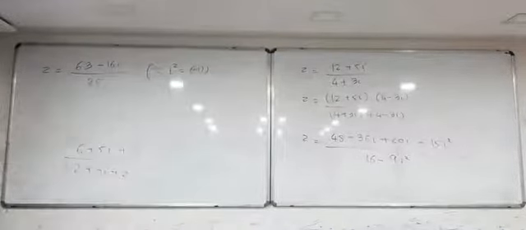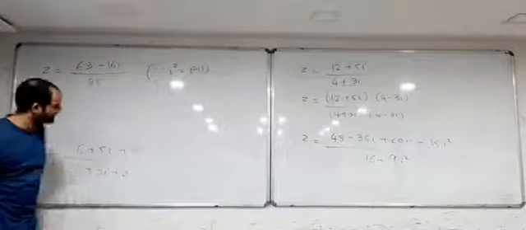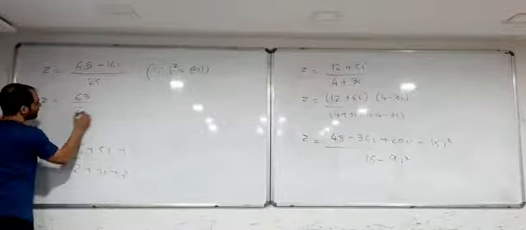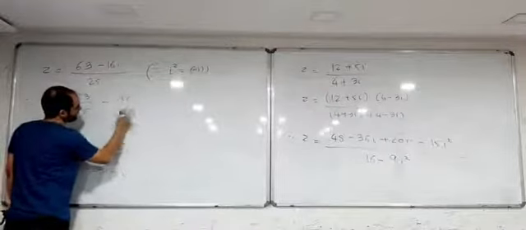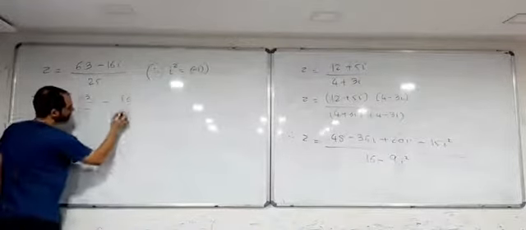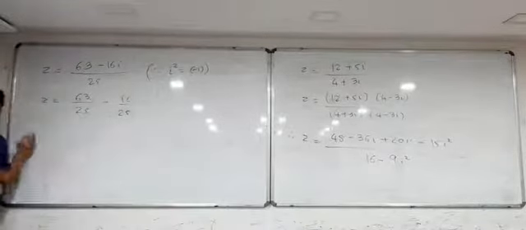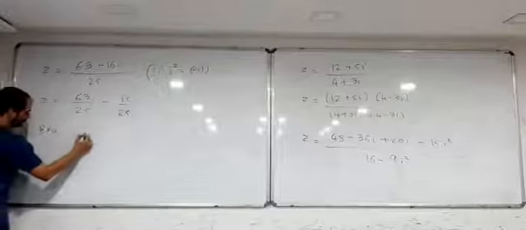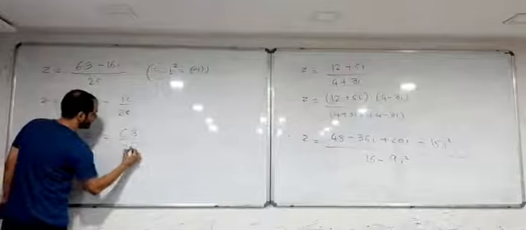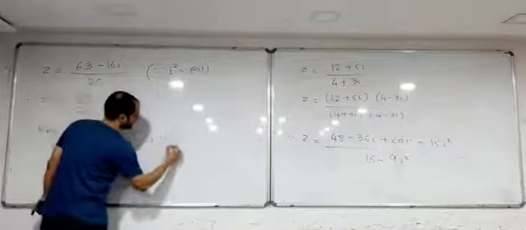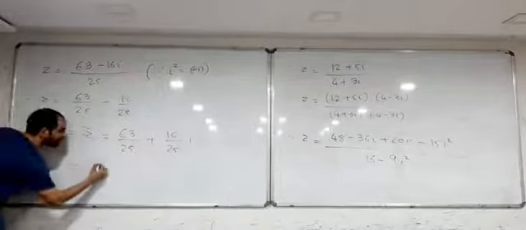i स्क्वायर का -1 क्या करना, आई बिलीव दिस विल बी द आंसर 63 minus 16 upon 25 divide individually, 63 upon 25 minus 16 upon 25i. उसका कॉन्जुगेट पूछा है तो रिक्वायर्ड क्या पूछा है z का कॉन्जुगेट. तो रिक्वायर्ड इज z बार, कैसे मिलेगा इसका कॉन्जुगेट क्या है 63 by 25 प्लस हो जाएगा 16 by 25i. एंड हाँ इसको फुल राइट की फॉर्म में यू कैन आल्सो राइट.